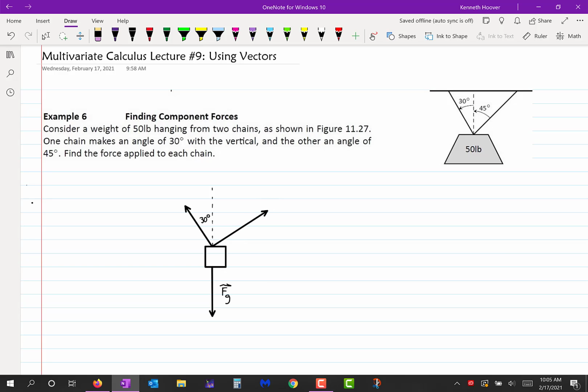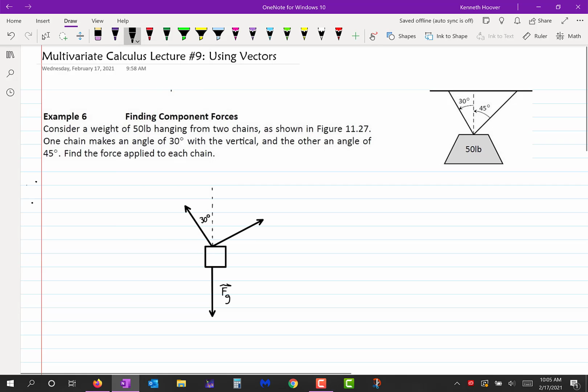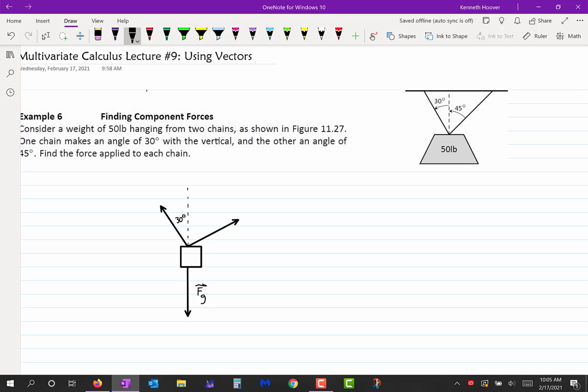These arrows here, these vectors, are not necessarily the same length. Okay, that's very important to understand. One might be shorter than the other. Because remember, these arrows are not the chains. They represent the force of tension on each chain.